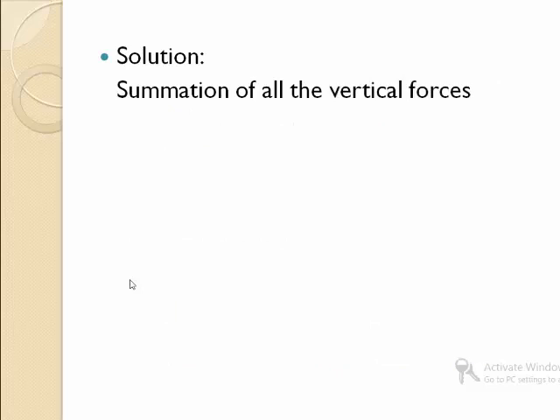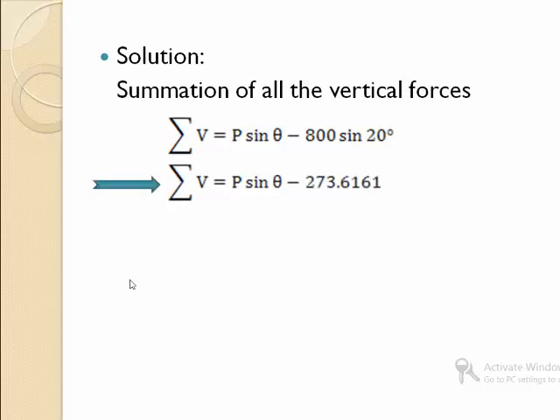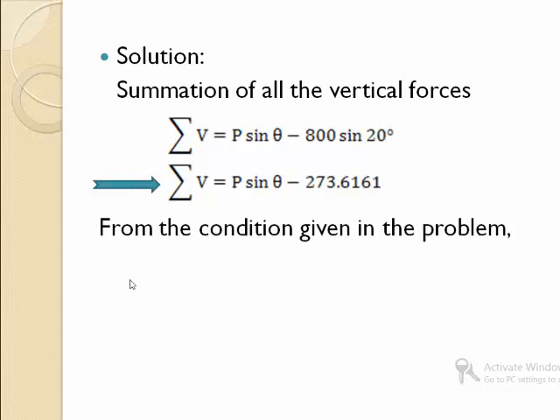And now we can calculate the summation of all the vertical forces acting in the system. So summation V is P sin theta minus 800 sin 20, because for the force acting along the negative x-axis there will be no vertical component. So summation V is P sin theta minus 273.6161, and from the problem statement the condition is summation V is the resultant force, that is 500 Newton.